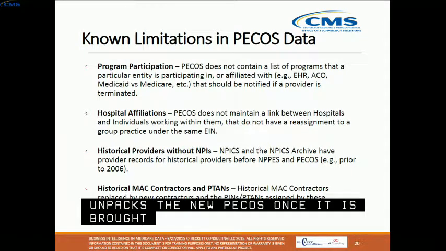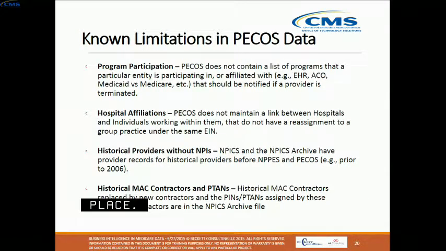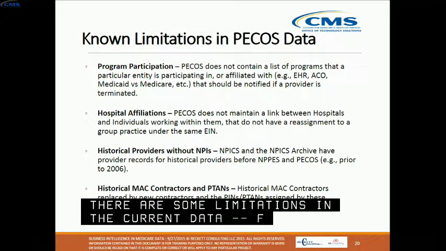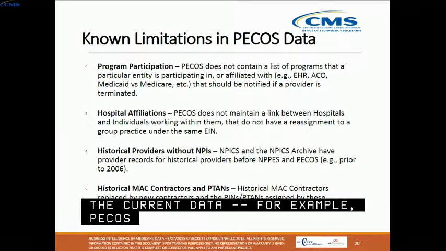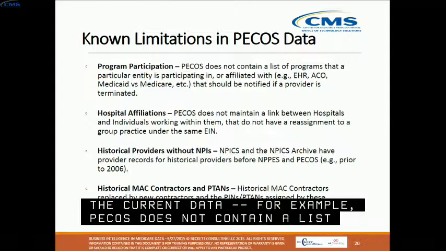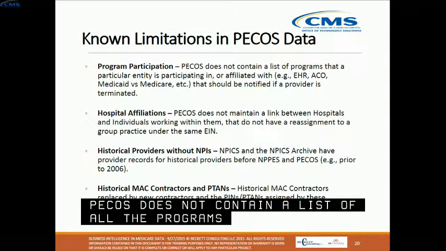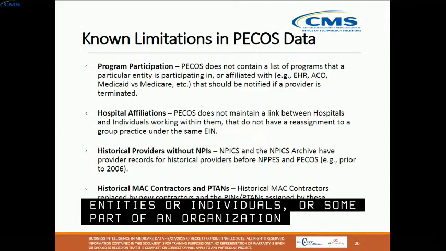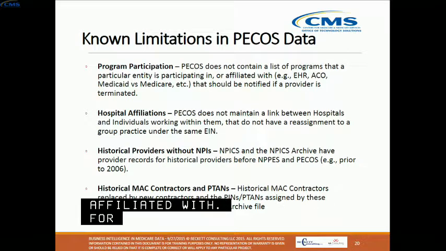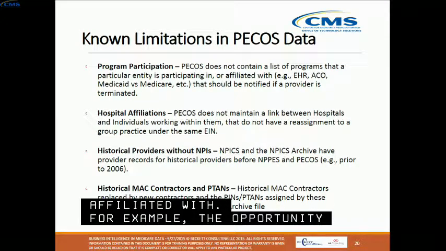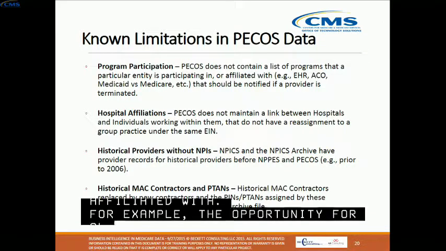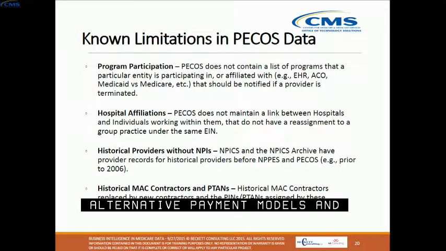There are some limitations in the current Pecos data. For example, Pecos does not currently contain a list of all the programs that a particular entity, be it an individual or a subpart of an organization, is participating in or affiliated with. For example, the opportunity for the alternative payment model initiatives that are going on in the Innovation Center at CMS.